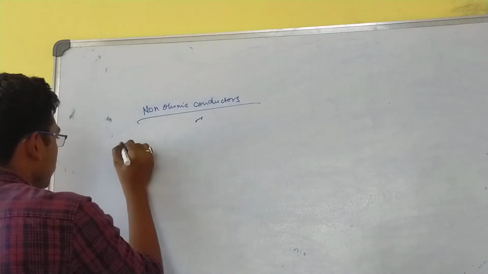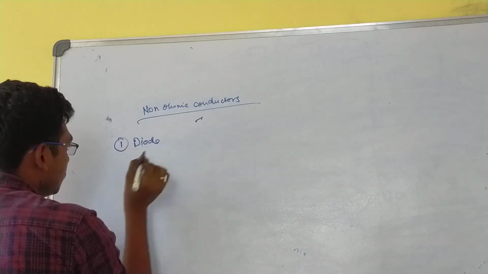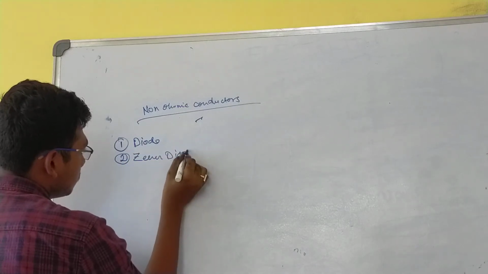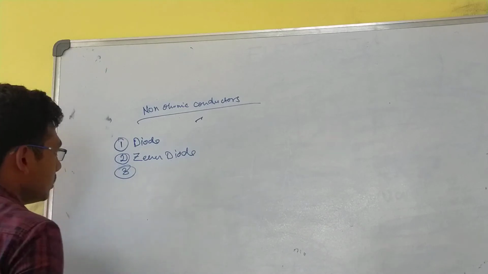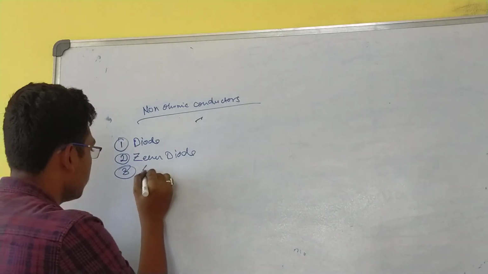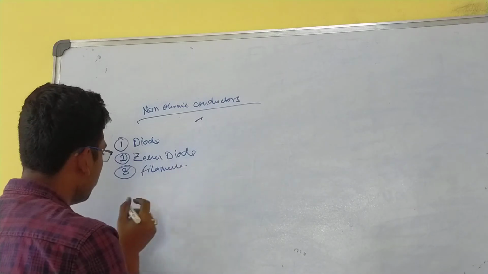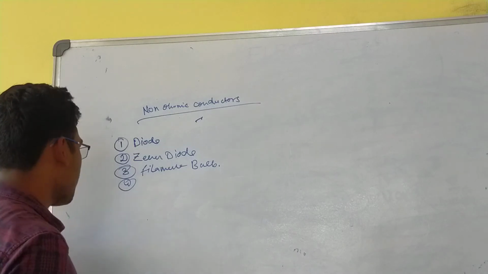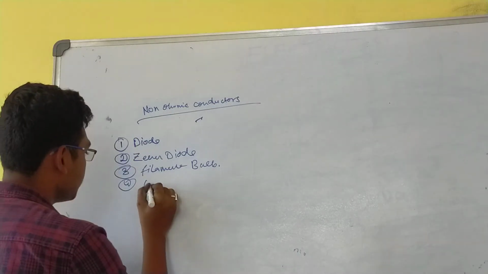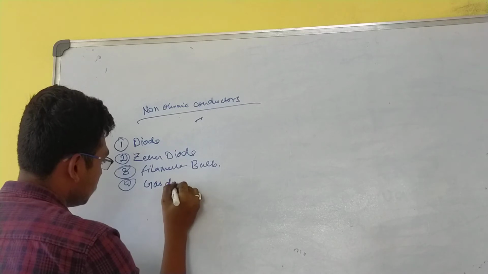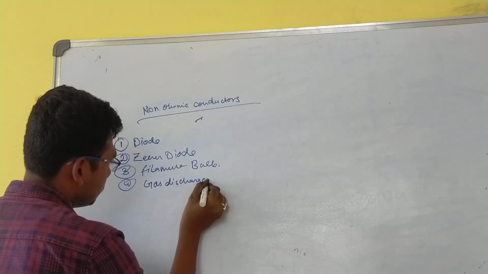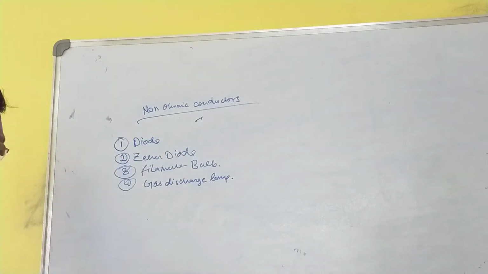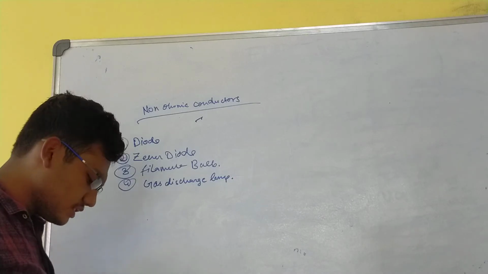The examples are: first, diode; second, Zener diode; third, bulb filament; fourth, gas discharge lamp. There are n number of examples. We have got the transistor. A lot of examples of non-ohmic conductors are there.